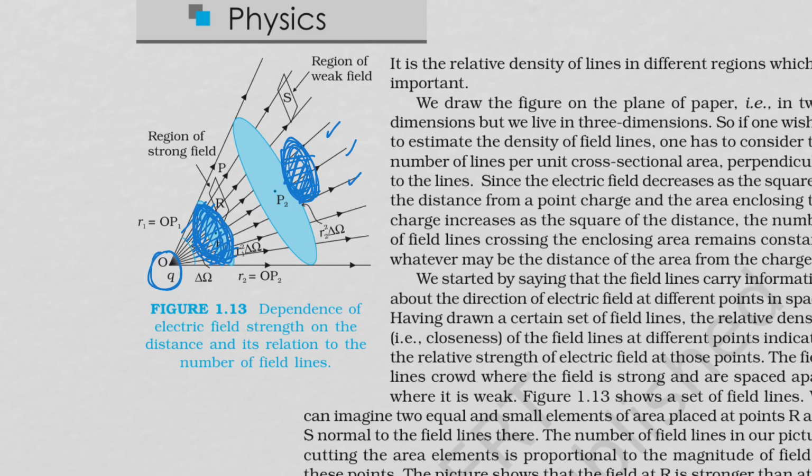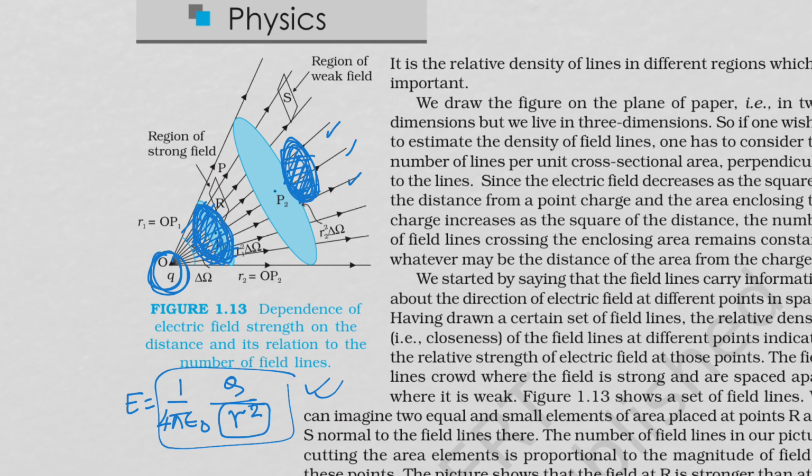Because the formula of electric field is 1/4 pi epsilon naught Q upon R square. In this case, if you are closer to the charge, it means the denominator is smaller, so the whole quantity will be more.